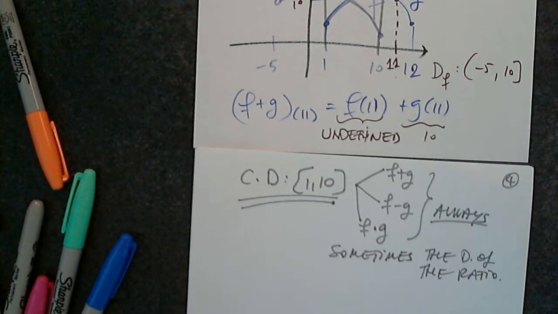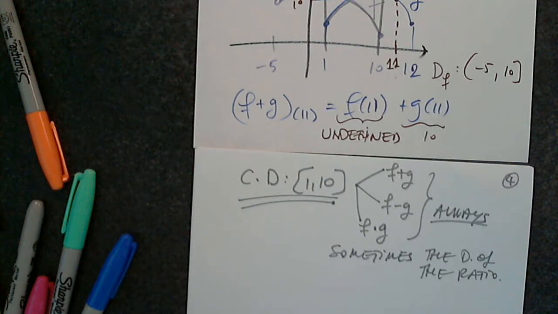So what is the conclusion here? If two functions do not have a common domain, there's no way I can create a sum, difference, product, and ratio. They don't exist. So the common domain is crucial.